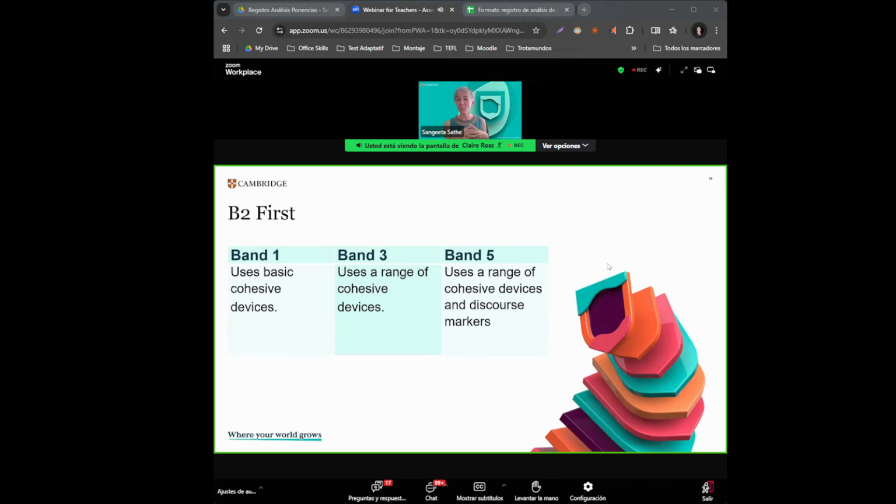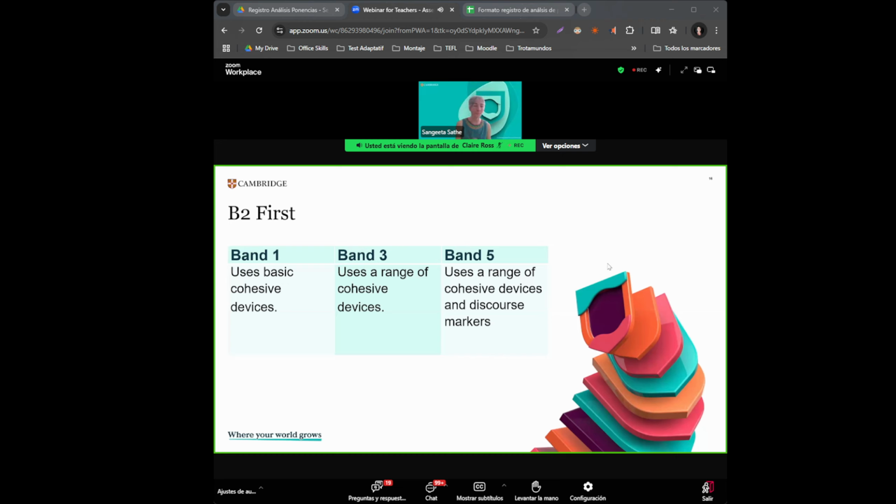So we'd like to give you some examples of what you might see at bands 1, 3 and 5. Claire and I are going to be candidates. First, just read this extract. We're going to focus on creating cohesion, so on cohesive devices and discourse markers. Notice the difference between the bands. Notice the difference in the descriptions.